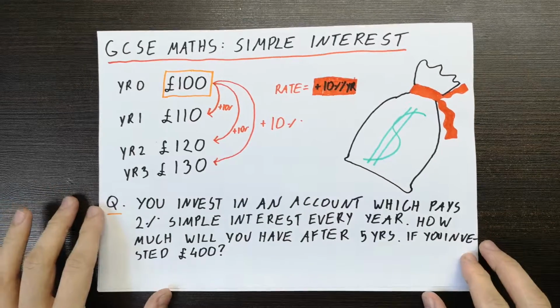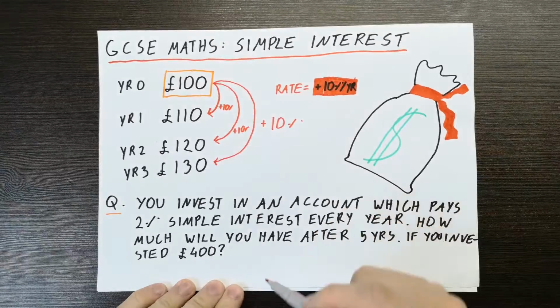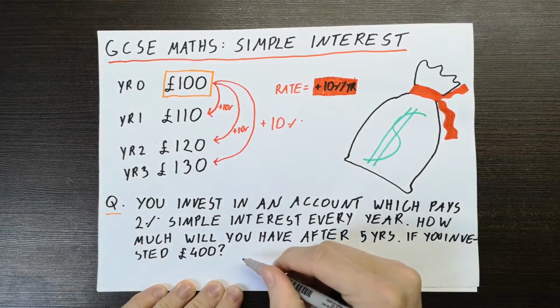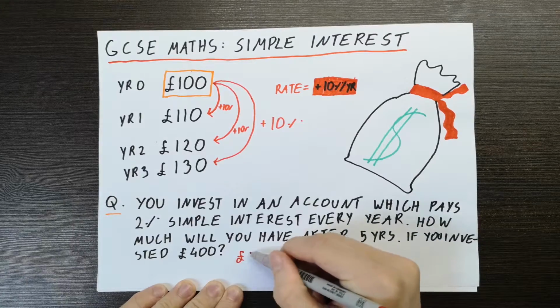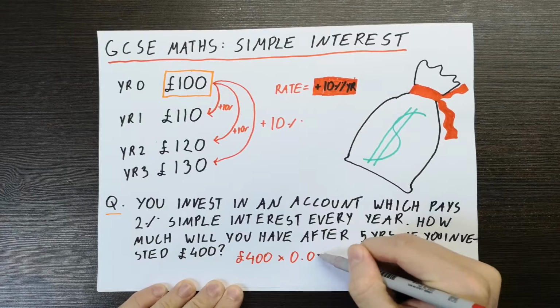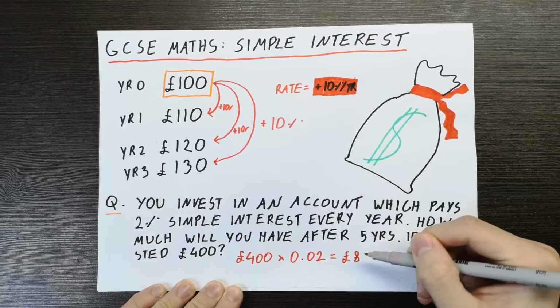So what do we need to do here first? Well, we need to find out what that 2% simple interest is. So what is 2% of the £400? To do that, we calculate 2% of £400. If you watch my previous videos, you will know that one way to do this is to multiply £400 times 0.02, which should give you £8.